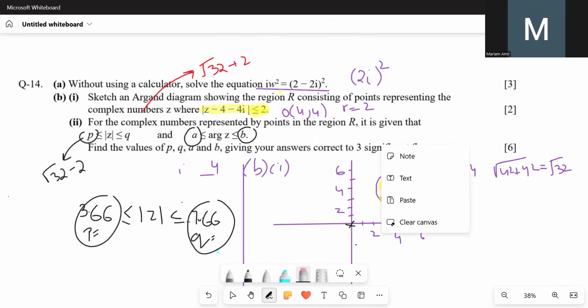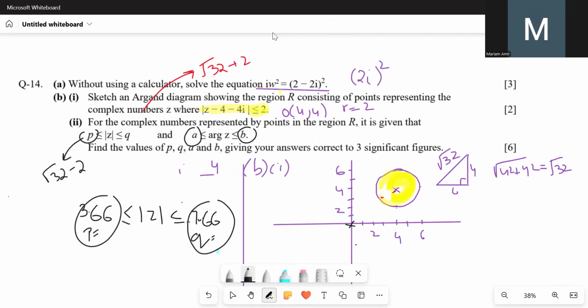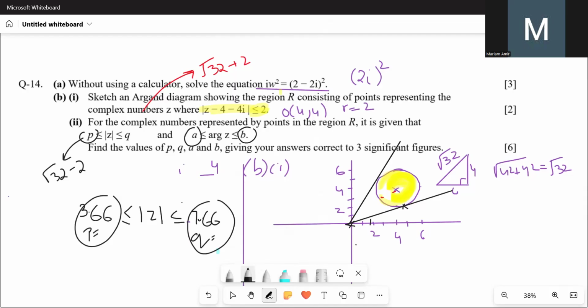Argument is the angle made from the origin to that respective point. So whatever this point is, this has the smallest argument, and whatever this point is, it has the greatest argument. So we have to find both angles. This angle will give us the value of A, and this angle will give us the value of B.